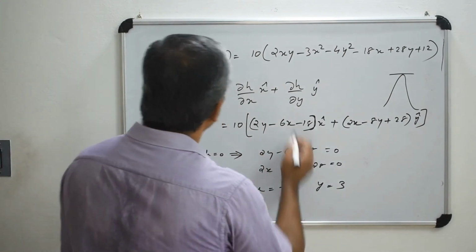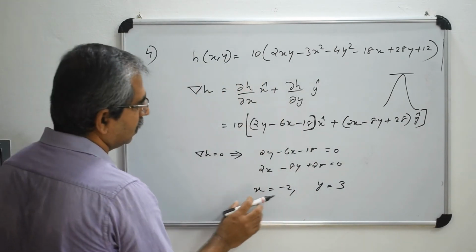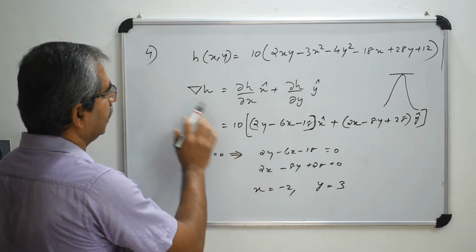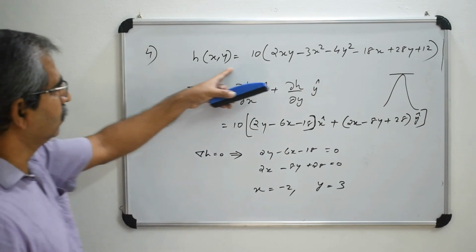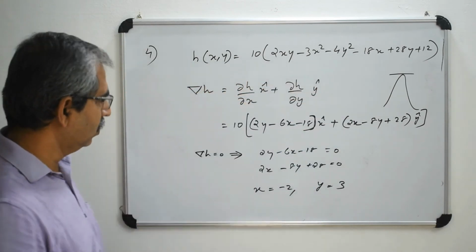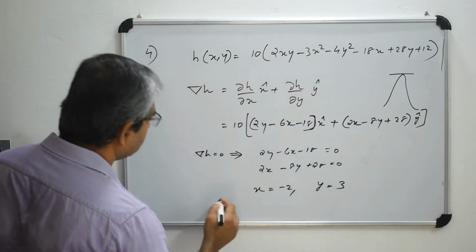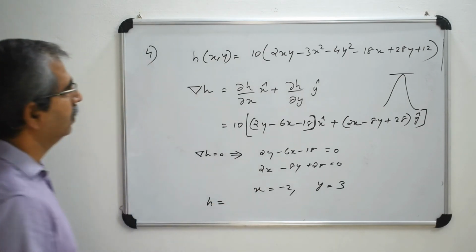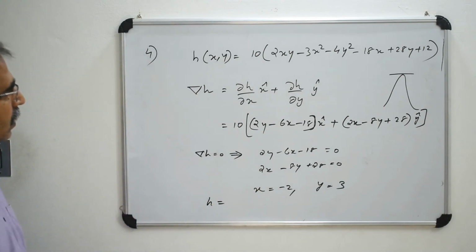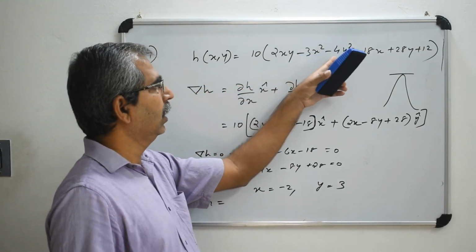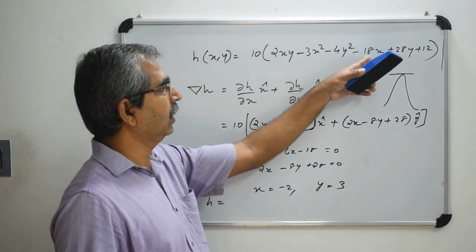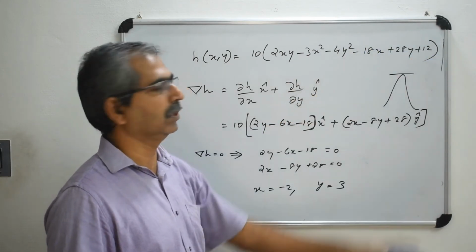Now you can put the values of x and y in this equation. Okay, so we have h is equal to this one. So h is equal to 10 into 2xy minus 3x square minus 4y square minus 18x plus 28y plus 12.